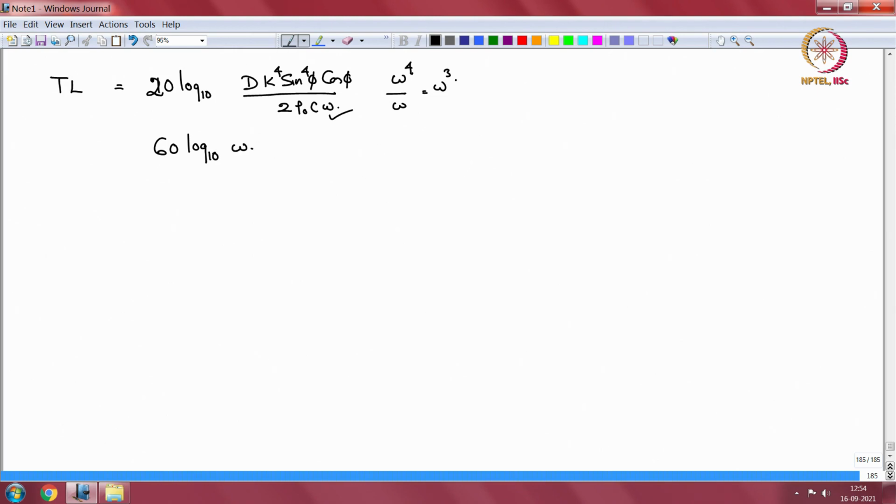So that means what, when frequency doubles, when omega becomes 2 omega, we get 2 times log 2 times 60, which is 18 decibels. Okay, so in this range, for doubling of frequency, we get 18 dB increment in transmission loss. This is the stiffness control region.